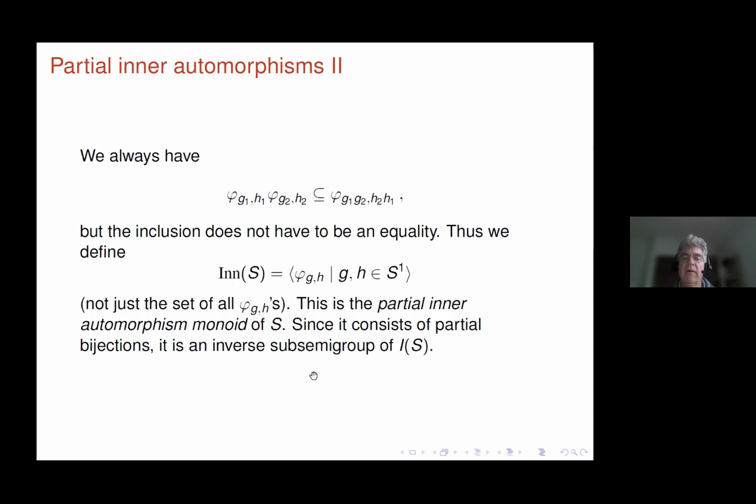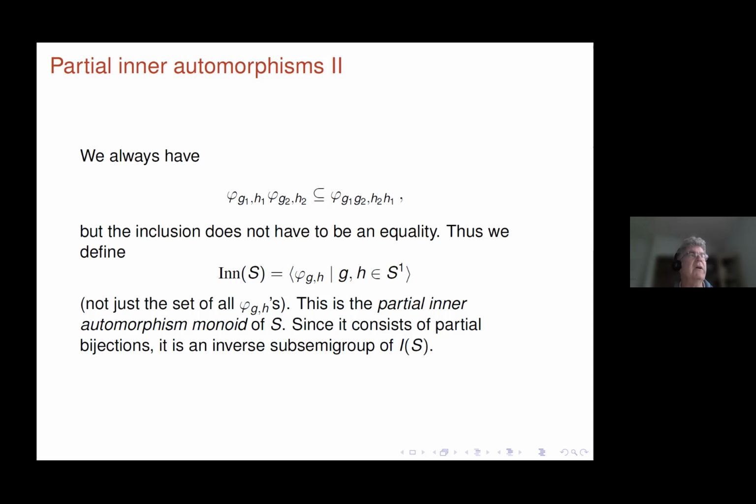So what about the composition? Well, that doesn't quite work the way that one would want. So we always have that if you compose two of these things, assuming the compositions line up correctly on the domains and ranges of these maps, we always have an inclusion, but that doesn't have to be an equality.